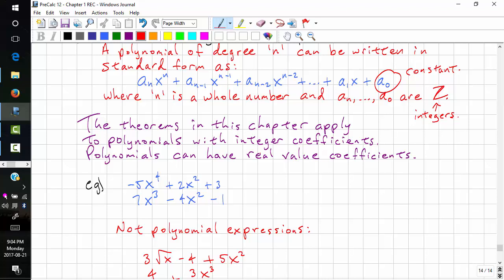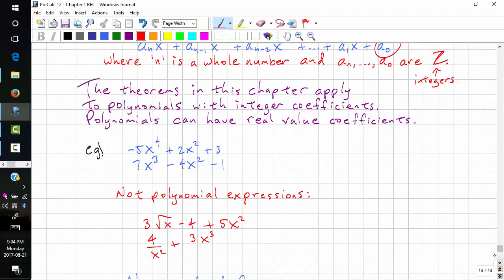Polynomials can have real value coefficients, though, in general. It's just the theorems don't work on the real values.